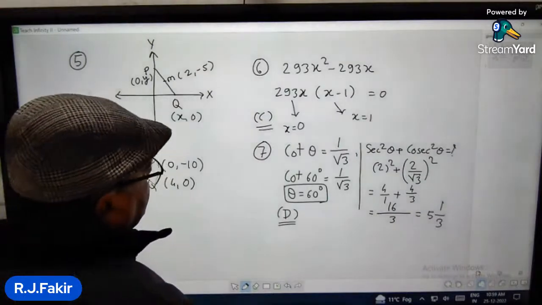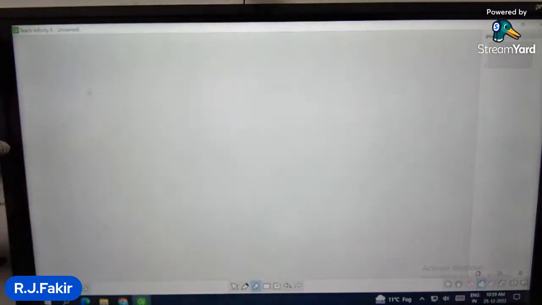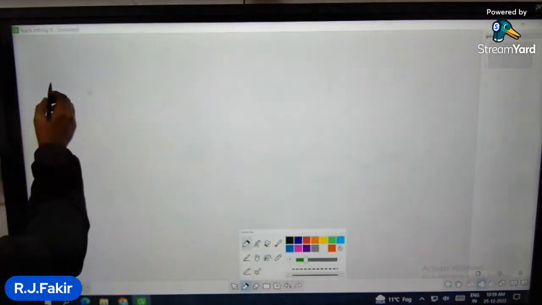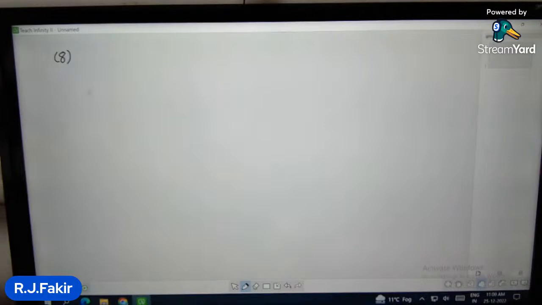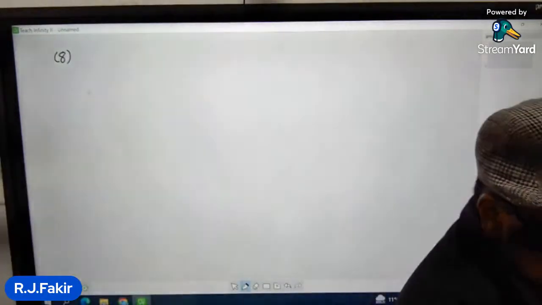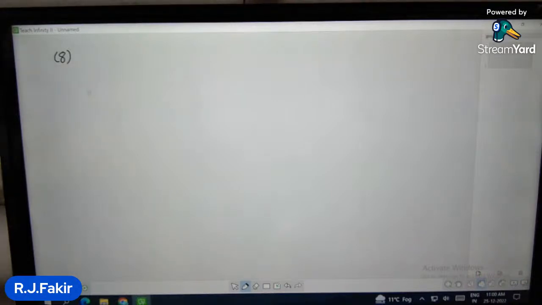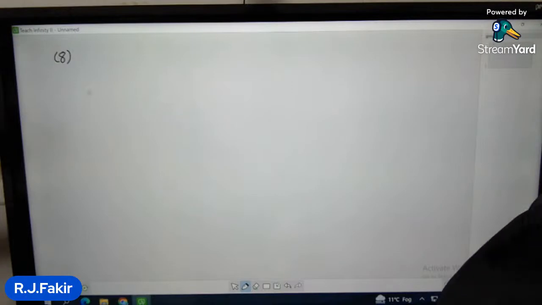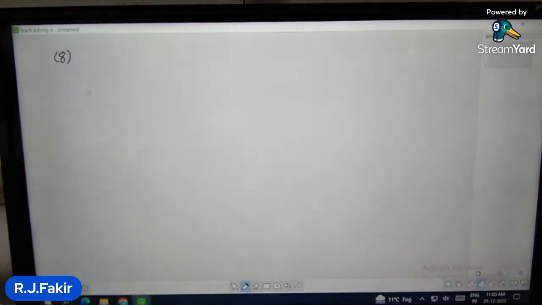Now next question number 8. Question number 8 is about a pole of 6 meter high that casts a shadow of 2 root 3 meter long on the ground.